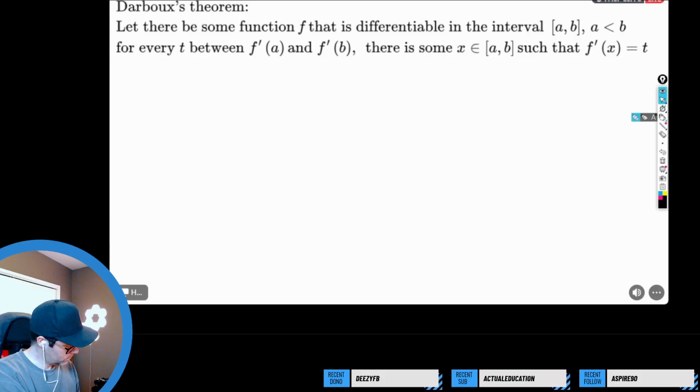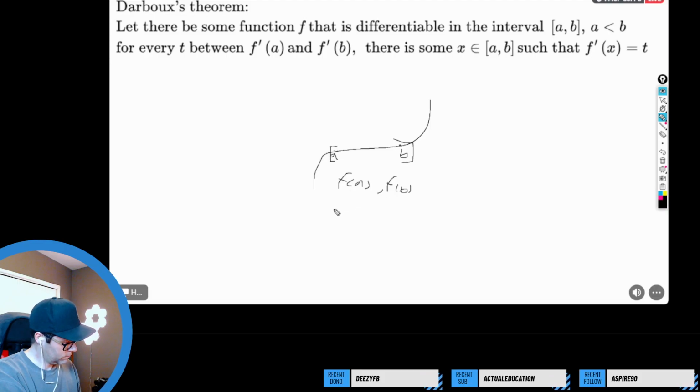The idea is that if you have some function on a and b, because it is differentiable and therefore continuous, we know that it has every value between f of a and f of b in this area.